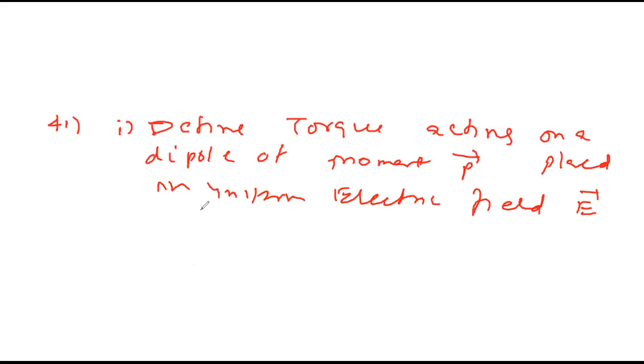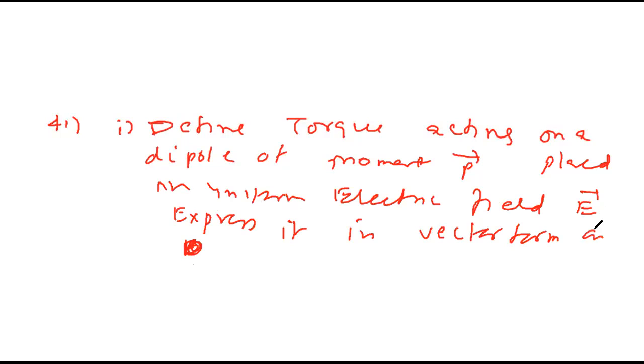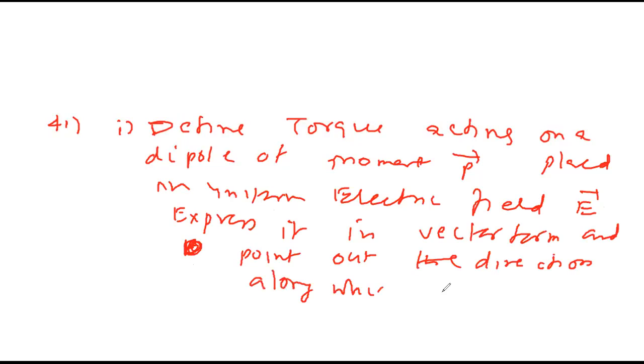Bold means they made it dark, and that means vector. Express it in vector form and point out the direction along which it acts.